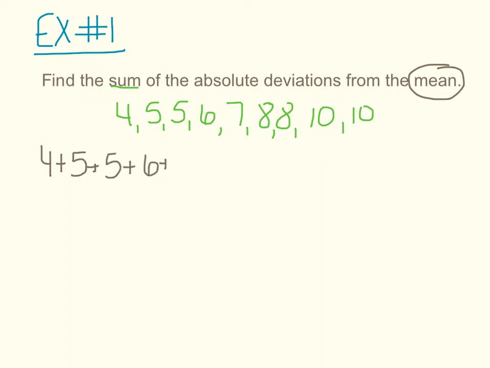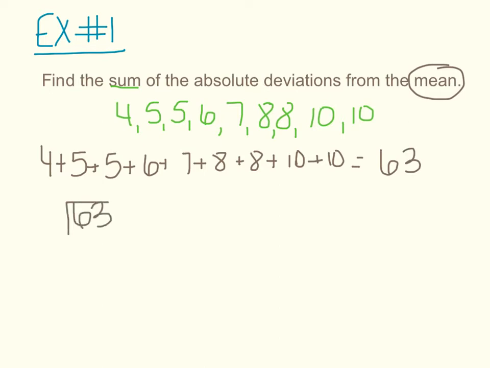So I would add up all my numbers, which gives me 63. And then I divide 63 by how many numbers there are.